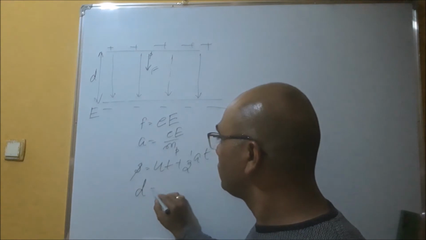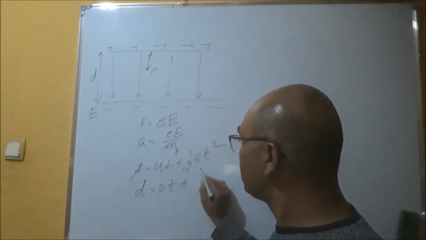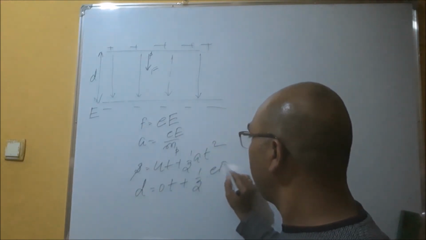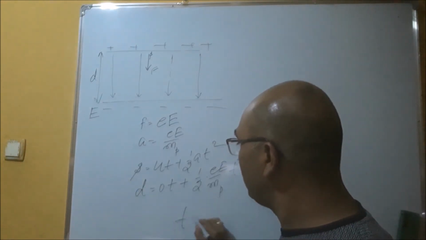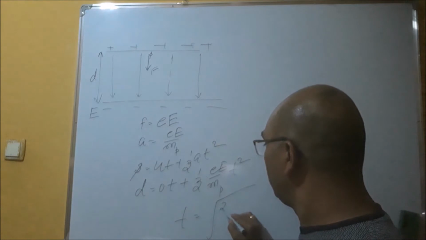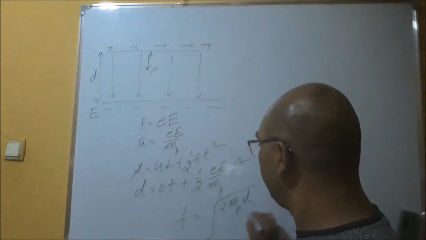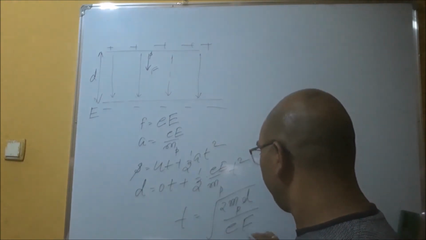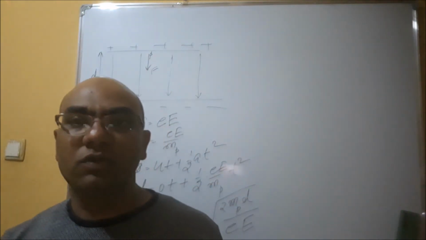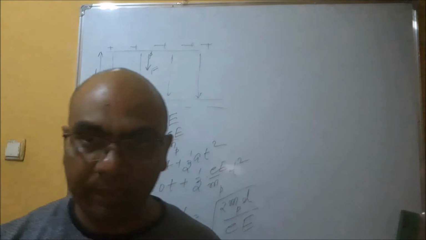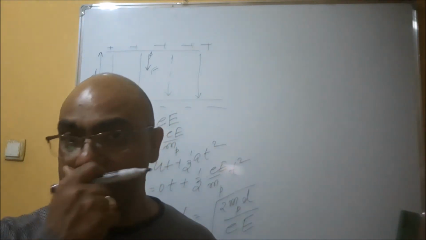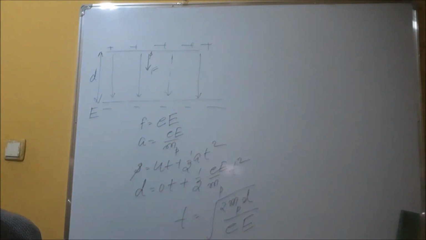Substitute s equals d, u equals 0: d equals half into E upon m_p into t square. So t will be under root 2 m_p d divided by E. Right? So in this way we can find how much time it will take to reach plate B.